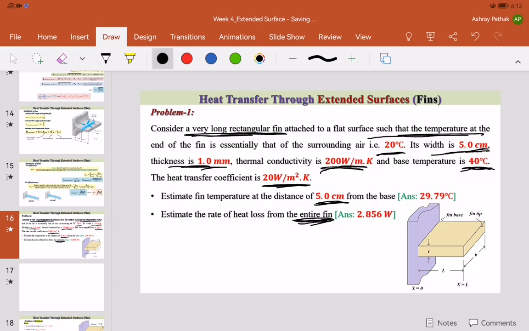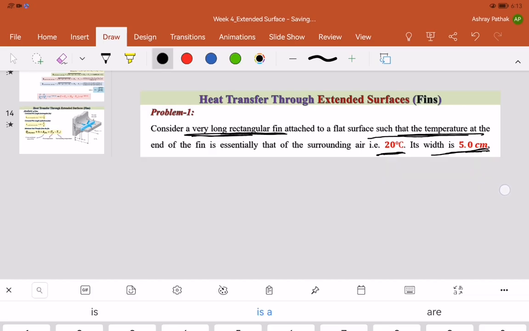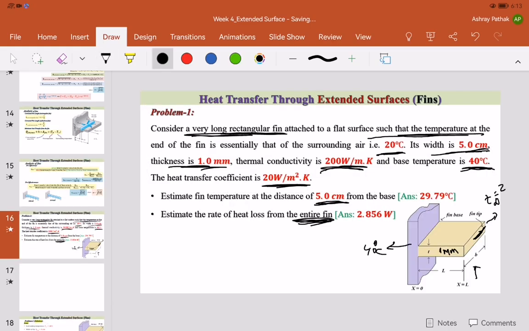Now that's the figure. The thickness of the fin is 1 mm here. The base plate temperature is 40, so the temperature here is 40 degrees. The temperature at the end of the fin is that of the surrounding temperature, so T infinity is 20 degrees.